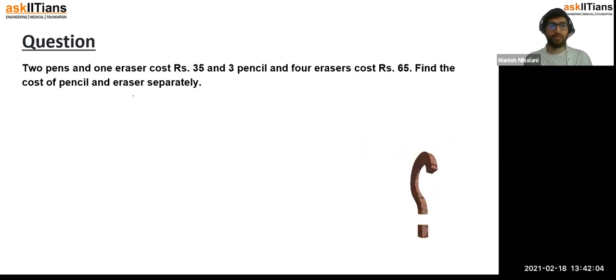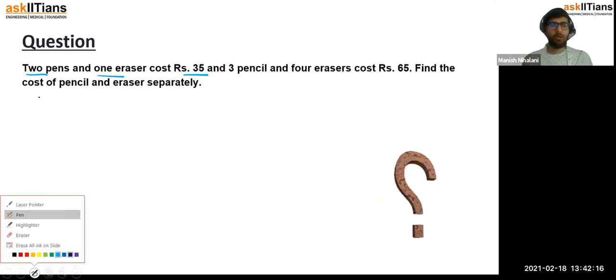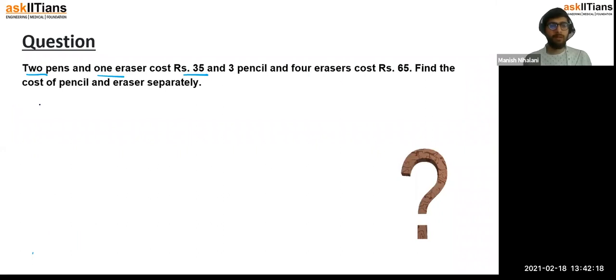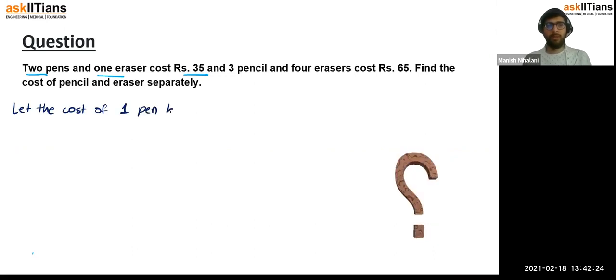And what does it try to say? It says two pens and one eraser cost rupees 35. We said okay, no problem, two pens, one eraser. So we would say let the cost of one pen be rupees x.